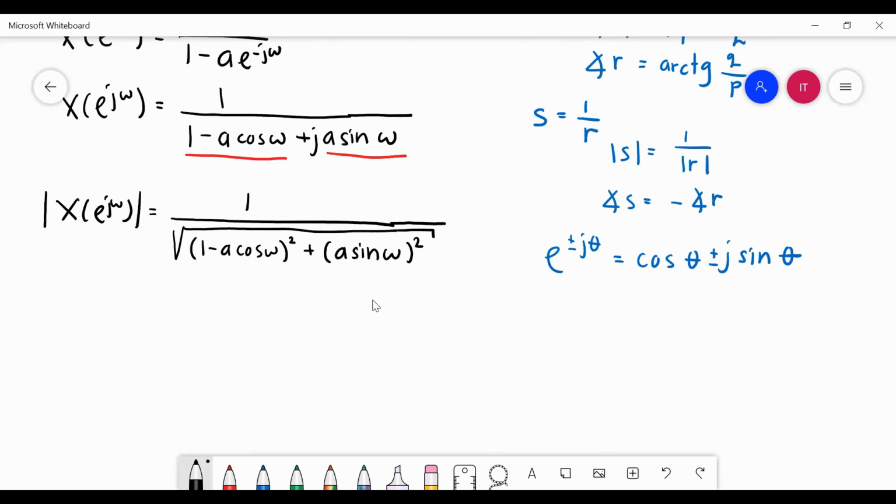We can simplify this equation a little bit by doing so.